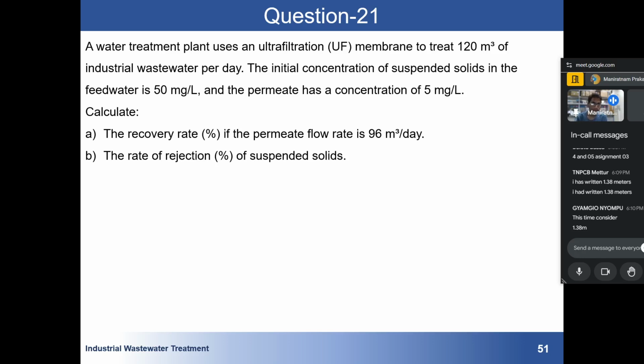This is again from your PDF. Find the recovery rate percentage if the permeate flow is 96 meter cube per day, and the rate of rejection percentage of suspended solids.